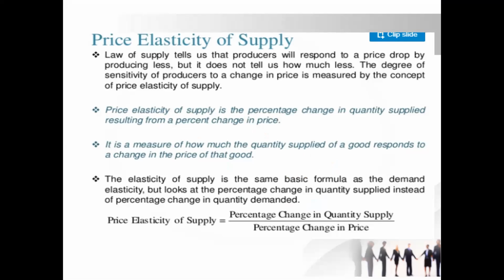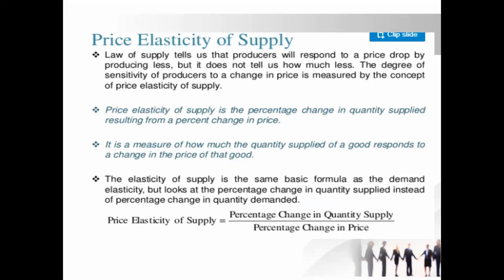See, this law tells us that producers will respond to a price drop by producing less, but it does not tell how much less. The degree of sensitivity of producers to a change in price is measured as the concept of elasticity of supply.